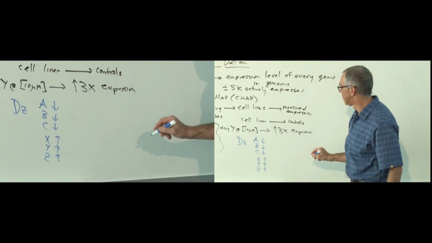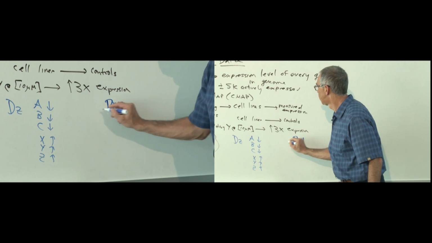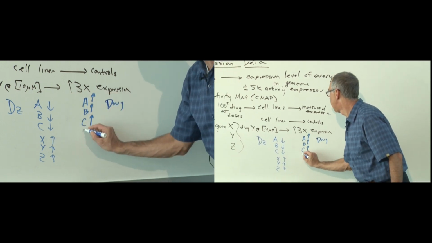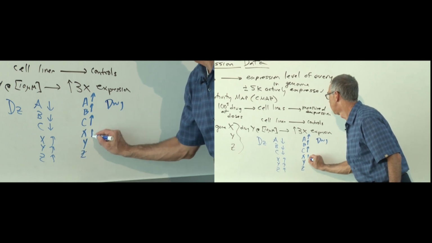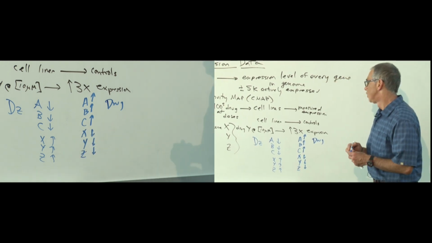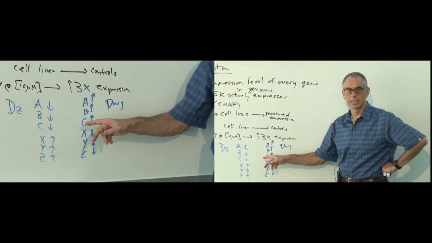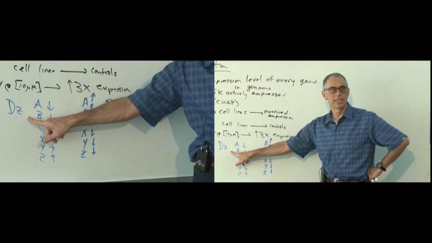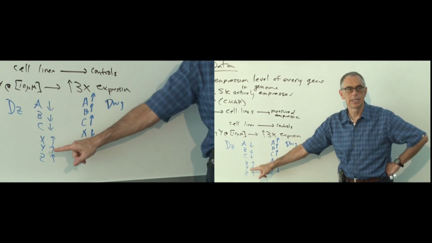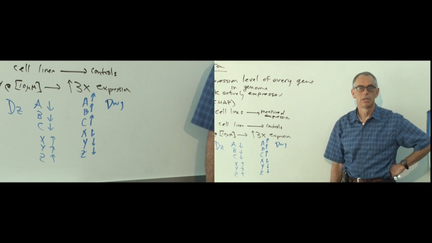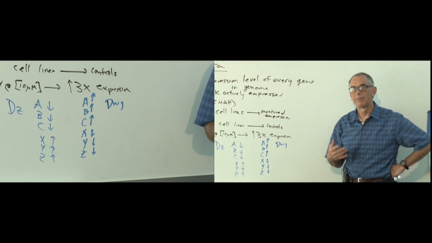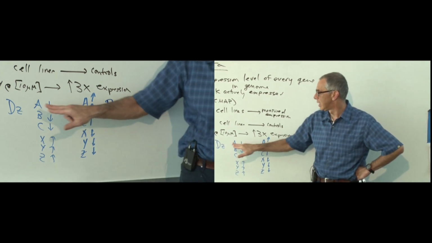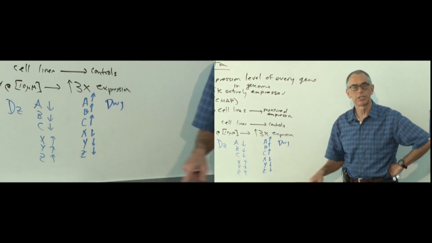From the CMAP data set, I have a drug that just happens to make A, B, and C go up, and X, Y, and Z go down. So in an amazing bit of simplistic thinking, we say, hey, maybe this drug will treat this disease because it will tend to normalize the expression level of all these genes. And people have tried that, and people have had success with that. So now we've associated the drug to the entire disease through the expression changes.